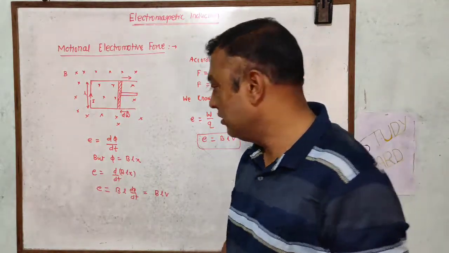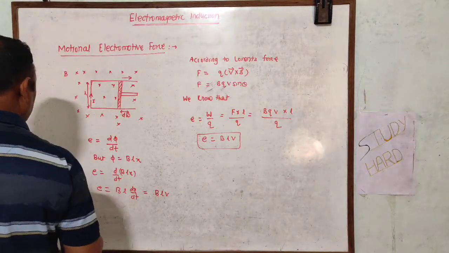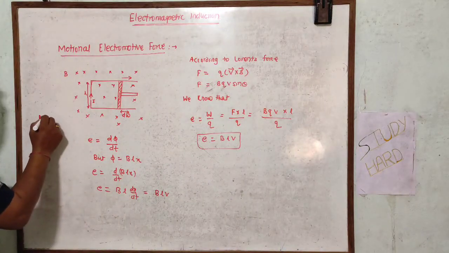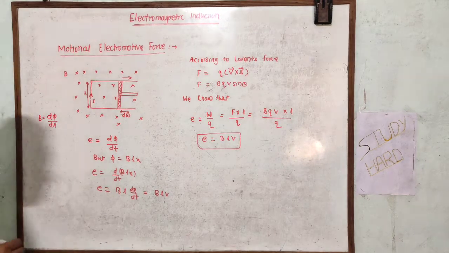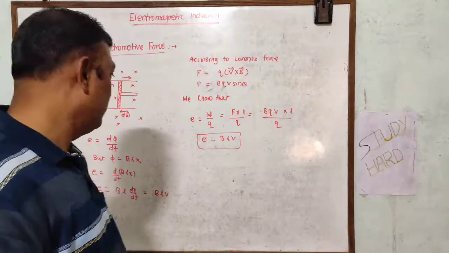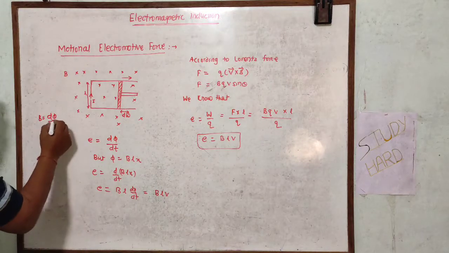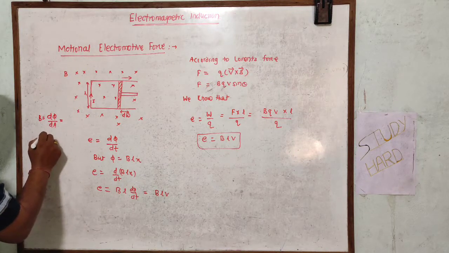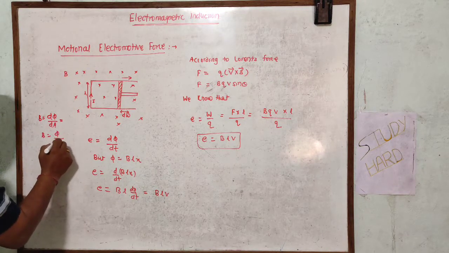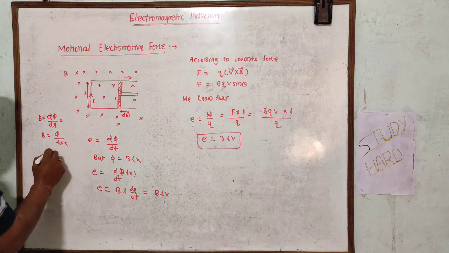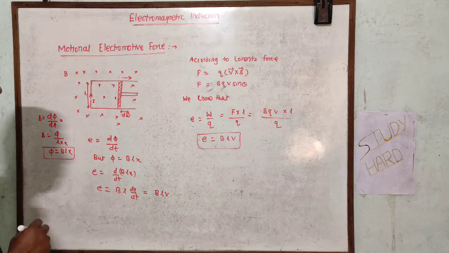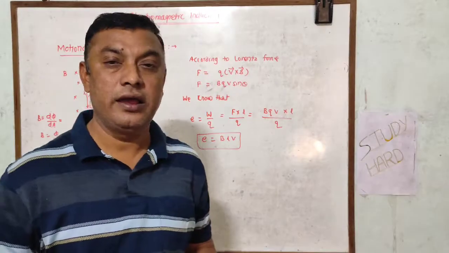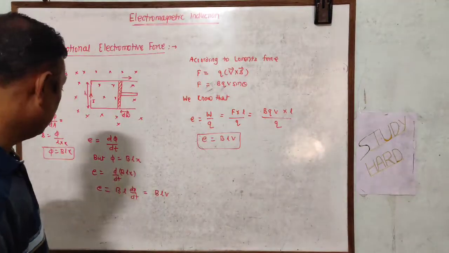The formula comes from magnetic induction, that is magnetic flux per unit area, d phi by dA. What is area? Area is length into width, L into x. So the formula is phi is equal to B L x. Is it clear?